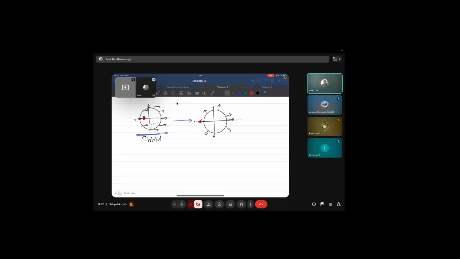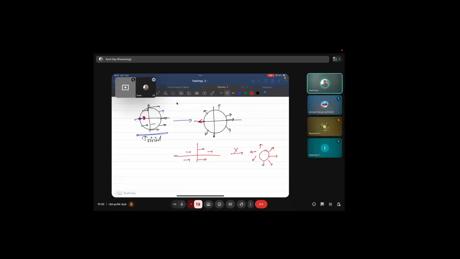Meaning you have, within the plane, an arrow looking like this, right? And then you want to make arrows like this. So it turns out this is not allowed.